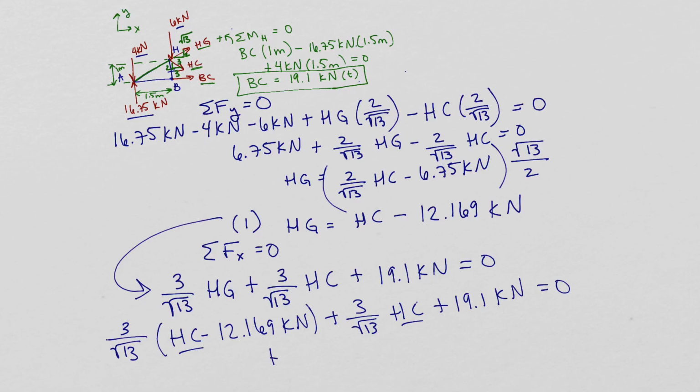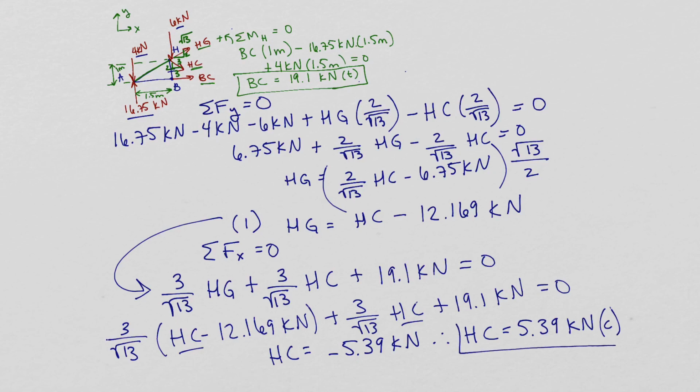Alright, so I calculated it out, and I got Hc equals negative 5.39 kilonewtons. That means we guessed the direction wrong, so Hc equals 5.39 kilonewtons, and we had put it in tension, so it's actually in compression.